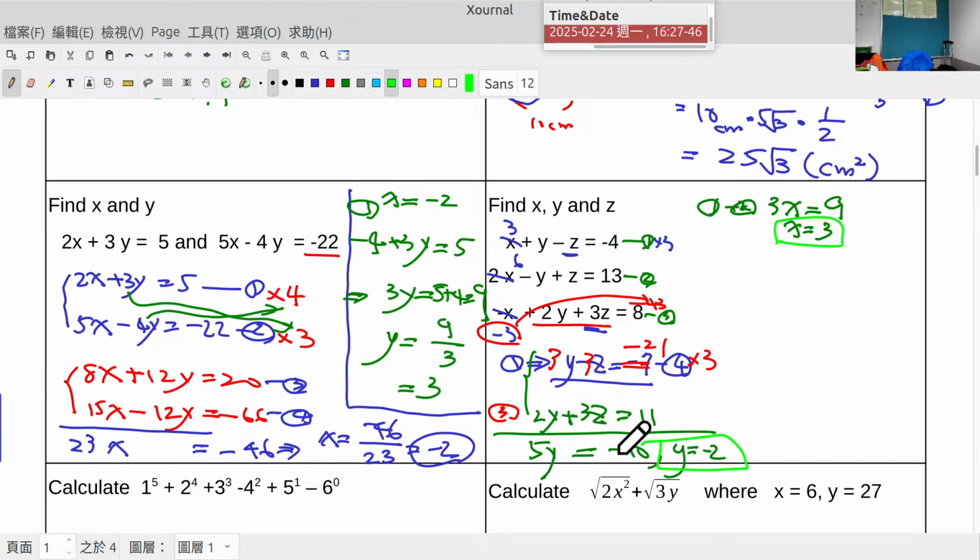So 3 minus 2 is 1. 1 minus z is minus 4. The 1 moves over and becomes minus 5. Minus z equals minus 5. Thus, z is 5.